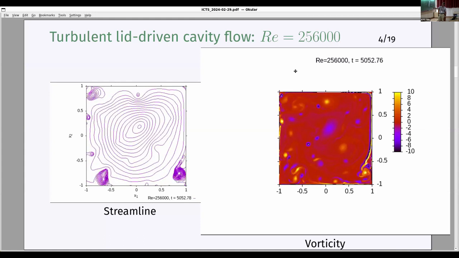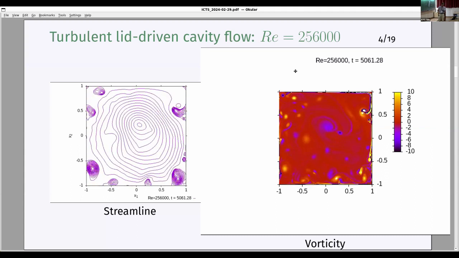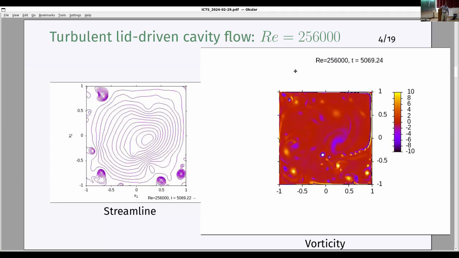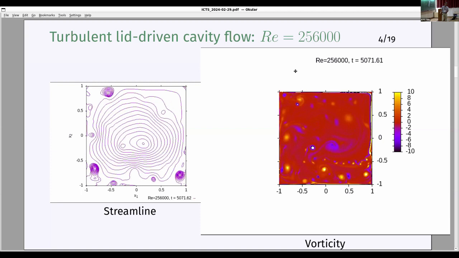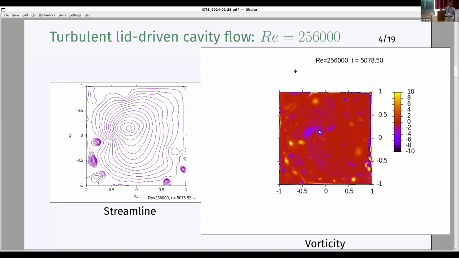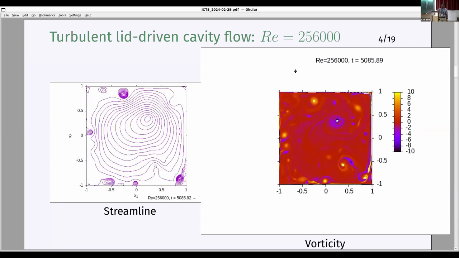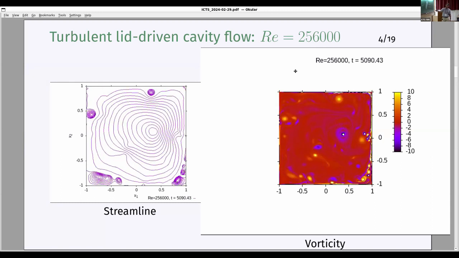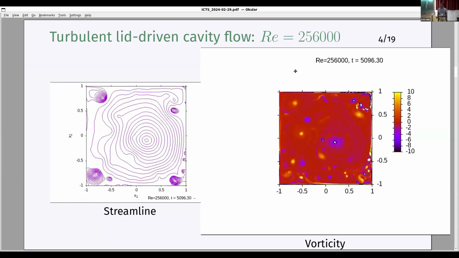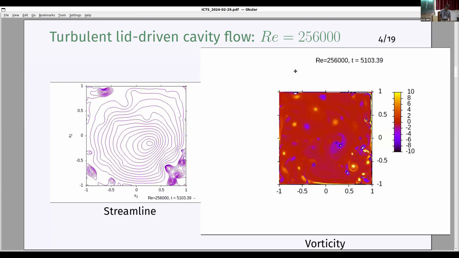Sometimes this sheet becomes unstable, and sometimes those separated vortex layers become unstable, and we end up with point vortices or vortex blobs. Those blobs then go inward, and this is the turbulent state of the 2D lid-driven cavity flow, right?